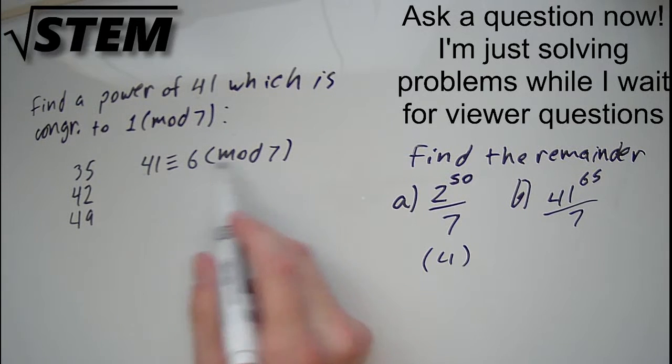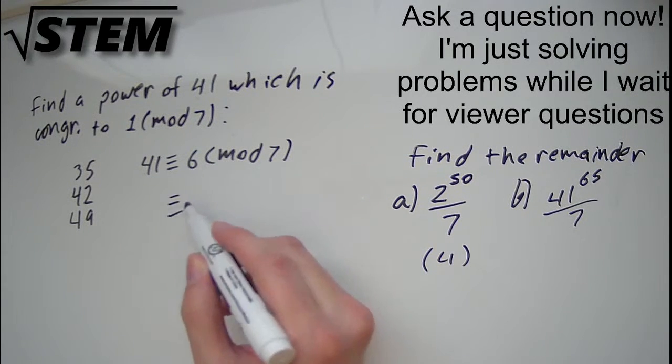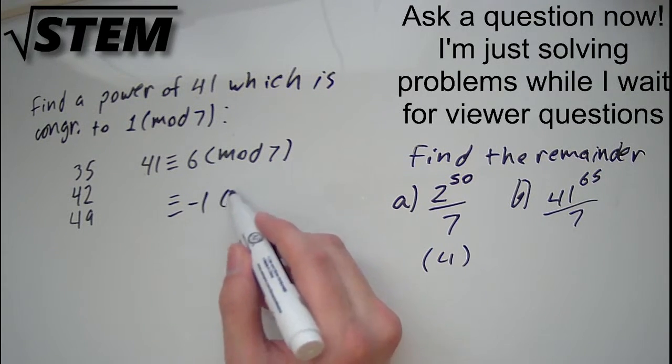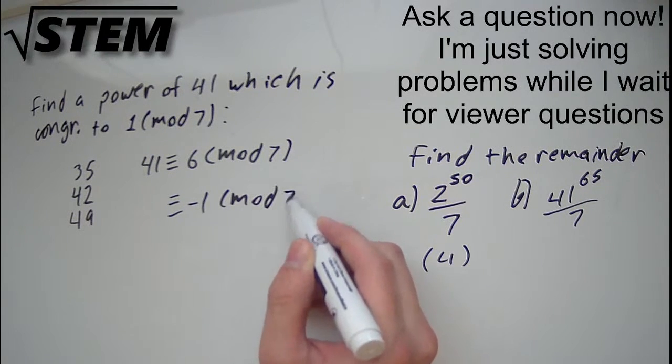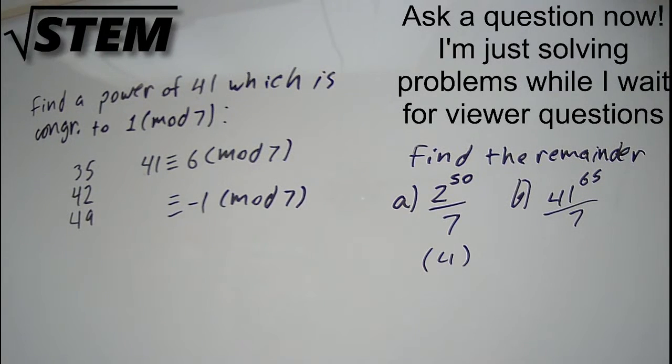I mean, we can equivalently say that it's congruent to -1 mod 7, but I don't think that helps us. I don't think things being congruent to -1 gives us the same nice properties as being congruent to +1.